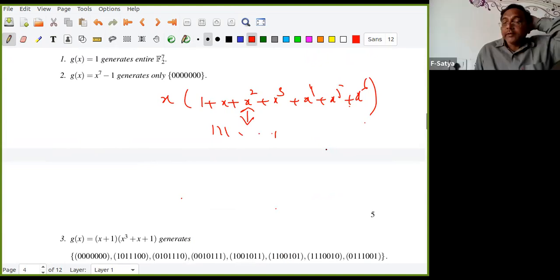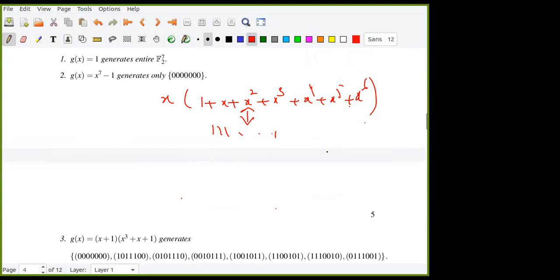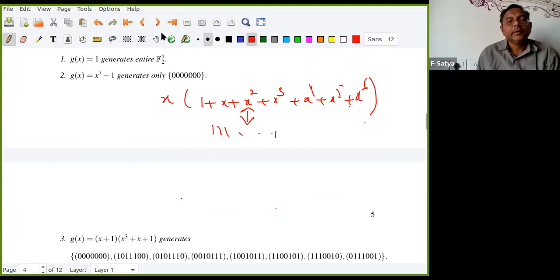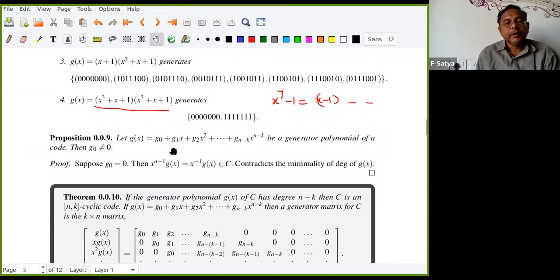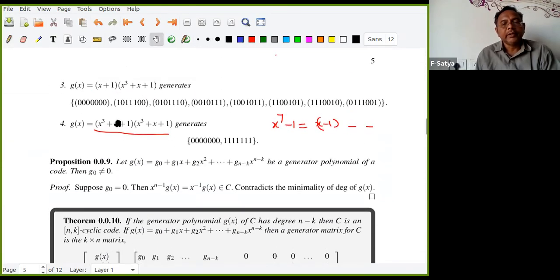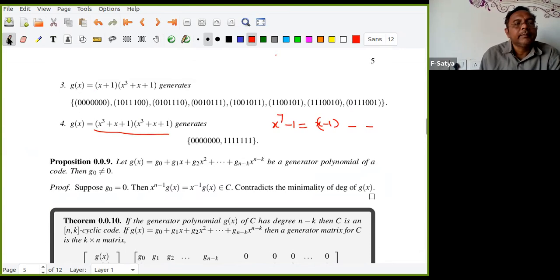Same. If I multiply with x square, same thing, nothing will change, right? So that is exactly what I'm telling. This generates only these two code words. I will not get any other code words.